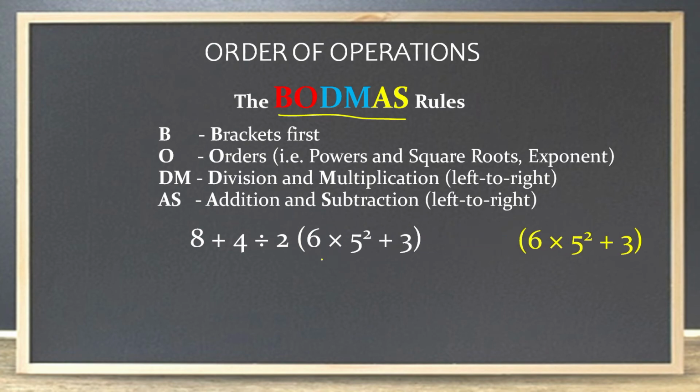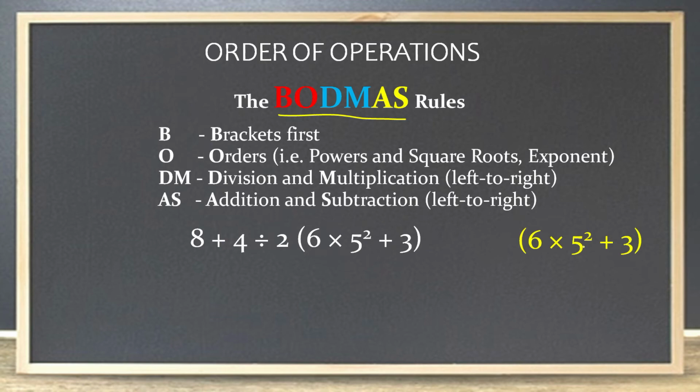Within the parenthesis is an expression as well, and this expression we must also solve keeping the BODMAS rule in mind. So we have exponent, which is order. We must perform exponent before multiplication and addition. So here we square 5, which is 25.